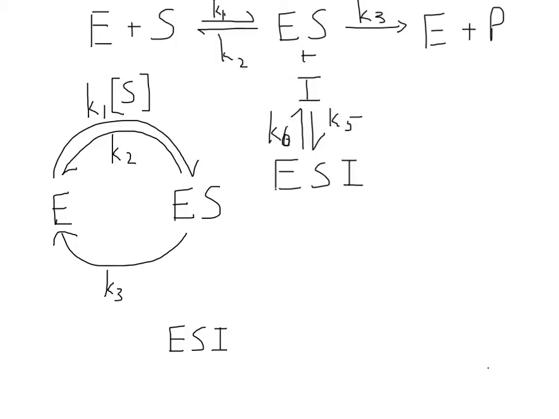But now with an uncompetitive inhibitor, according to rate constant K5 times the concentration of inhibitor, we can form the enzyme substrate inhibitor complex, which can dissociate back to the enzyme substrate complex according to rate constant K6.